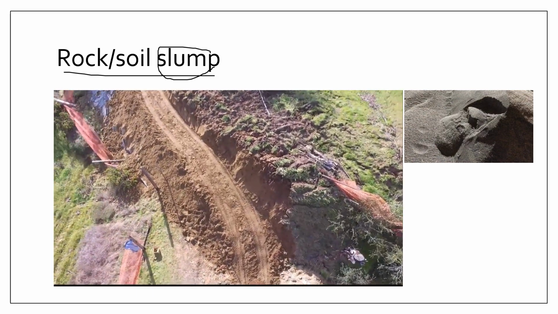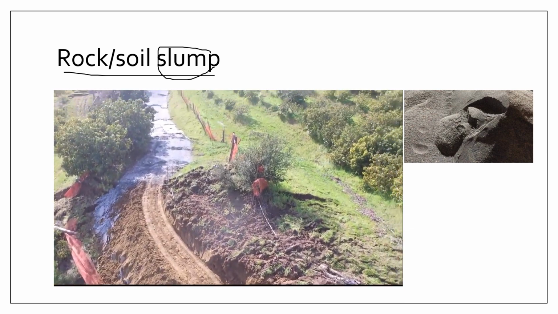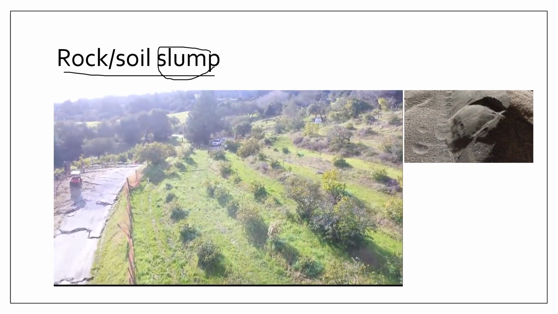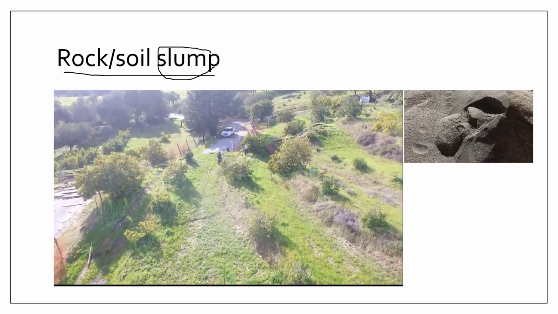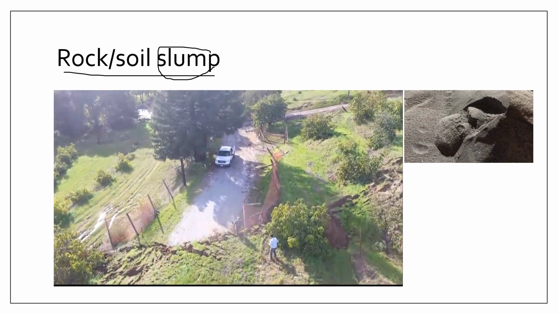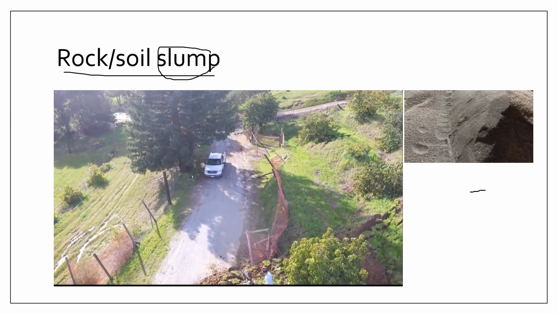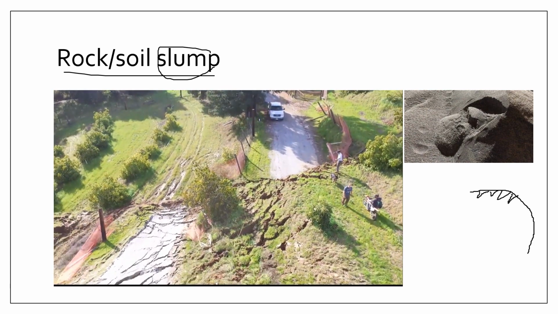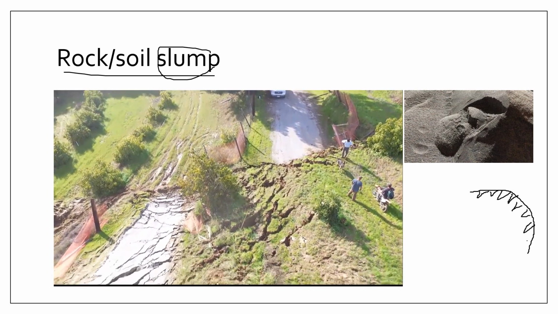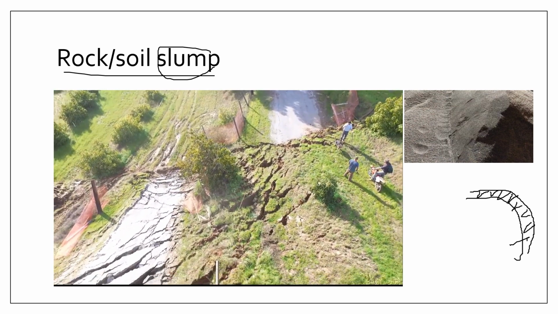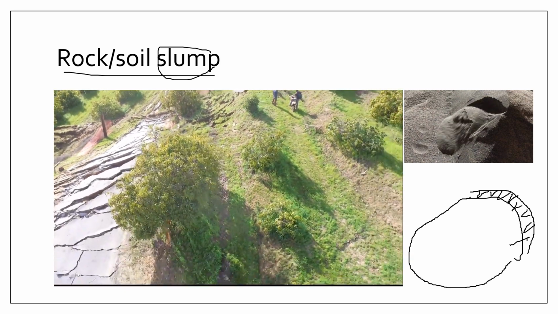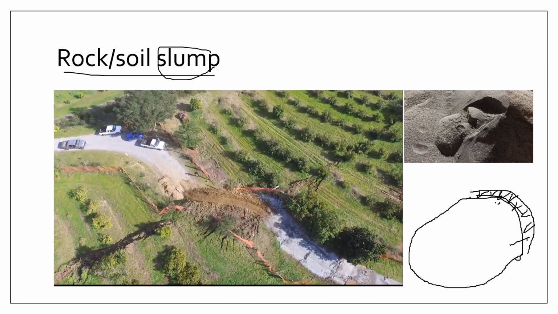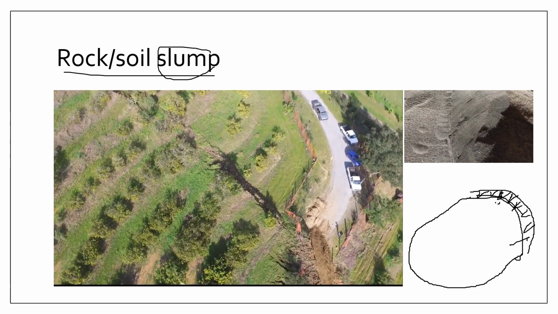So this is a drone shot of a massive rotational slide. This failure is basically, we have a headscarp that underwent displacement. So this part went down. Alright, and you have a scarp in here.